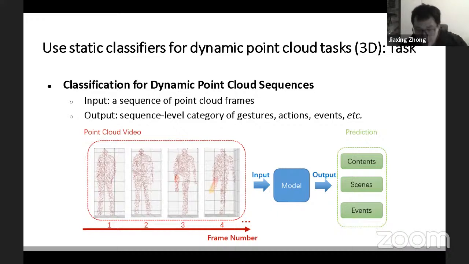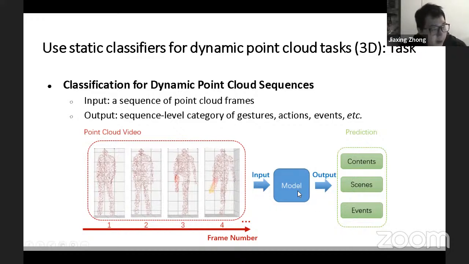We have video as the input, but in the 3D domain, it is a point cloud sequence. But in essence, they are alike. Given this input, our model is required to output sequence-level categories such as gestures, actions, events, and so forth.